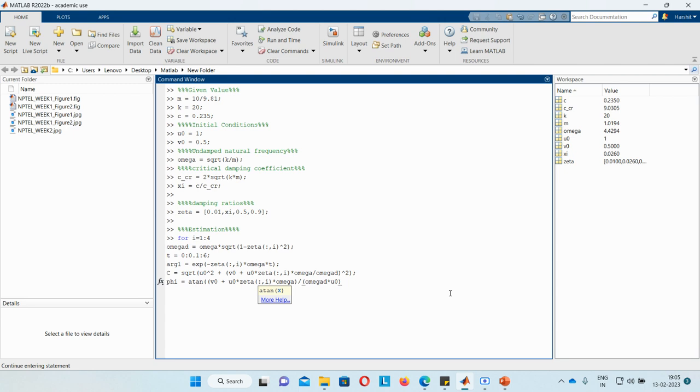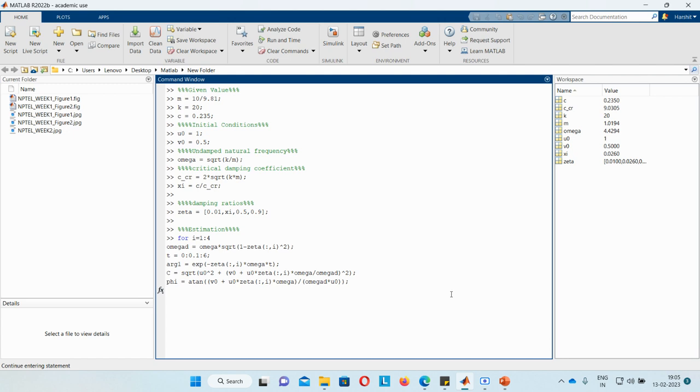Okay, just check the brackets once to assure that everything is in proper place. Okay, all the brackets are proper. So this is phi.